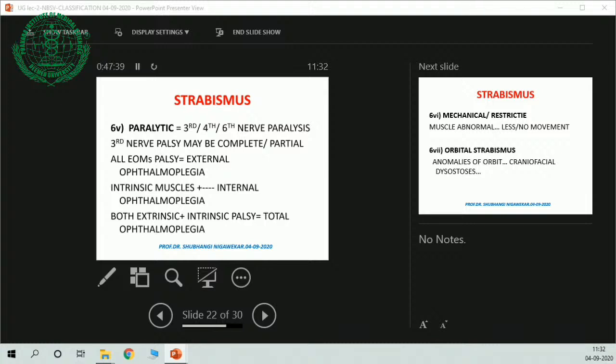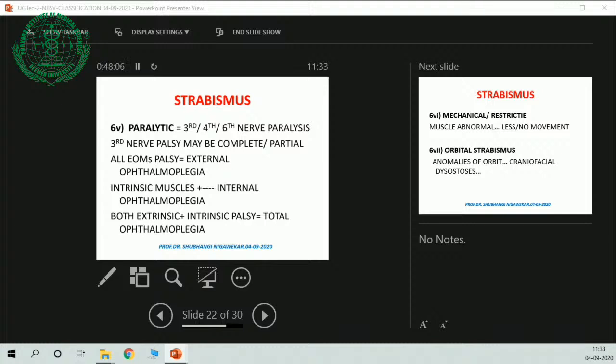So if all extraocular muscle palsy occurs, it is called external ophthalmoplegia, if the extraocular muscles are involved. If only the intrinsic muscles are affected, it is called internal ophthalmoplegia. And if both extrinsic and intrinsic palsy is there, it is called total ophthalmoplegia. So in tropia, if there is a problem, you are supposed to see which movements are affected.